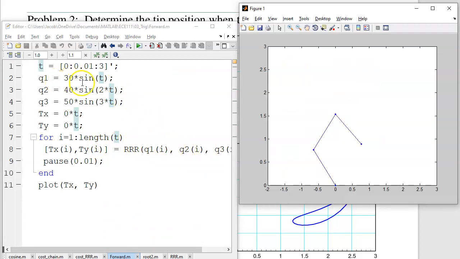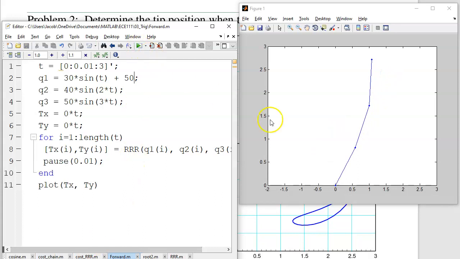Let theta 1 go, let's do this, 50 degrees plus or minus 30, a sine wave, and likewise theta 2, theta 3. What happens? The first link is 50 plus 30 sine of t. Here's the second link. Here's the third link. I can do animations to show how the robot moves if I specify the angles.